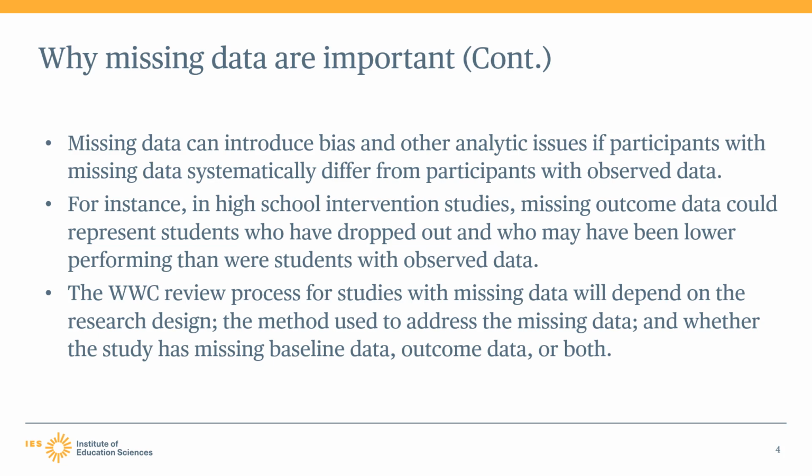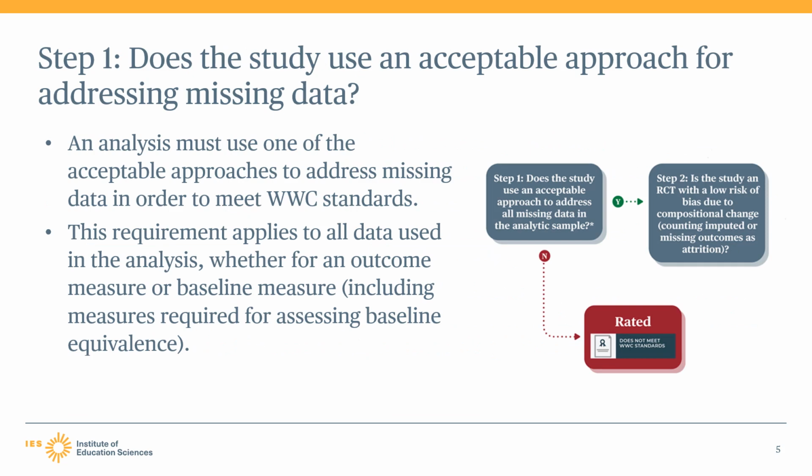The WWC's review process for group design studies with missing data will depend on the study's research design, the method the study authors use to address the missing data, and whether the study has missing baseline data, missing outcome data, or both. The first step in the review process for studies with missing data is to determine whether the study authors used an acceptable approach to address the missing data.